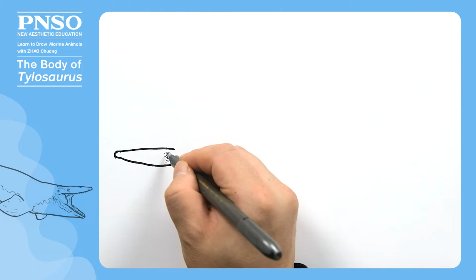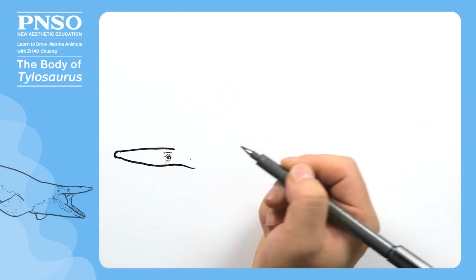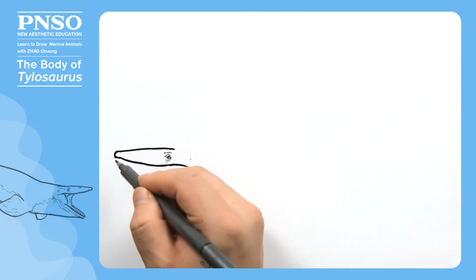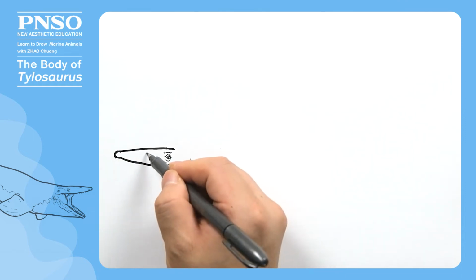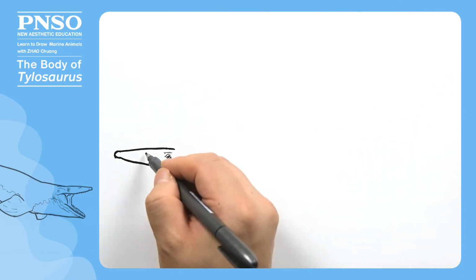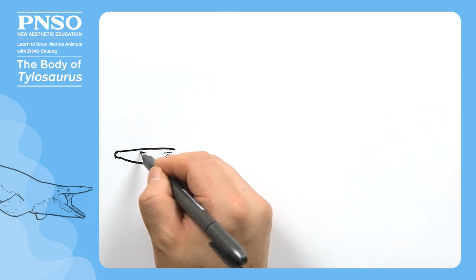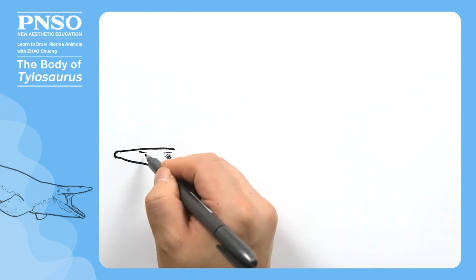On its eyes, we draw some wrinkles above and below its eyes. In front of the eyes and mouth, these were its nostrils, which were very close to the top of its head, and helped its head stick out of the water to breathe.